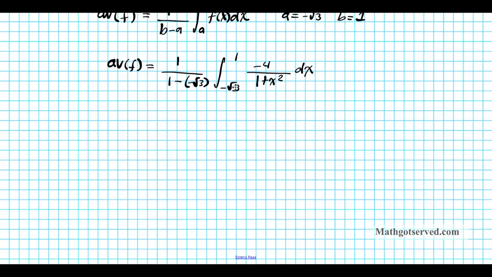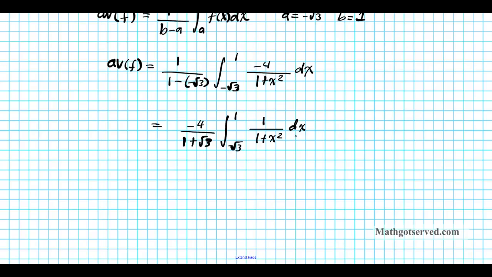Alright, now thinking back to your differentiation rules, does this look familiar to you? To help jog your memory, I'm going to factor out this negative 4 here from the integrand, so it becomes negative 4 over 1 plus root 3 times the definite integral from negative root 3 to 1 of 1 over 1 plus x squared dx.